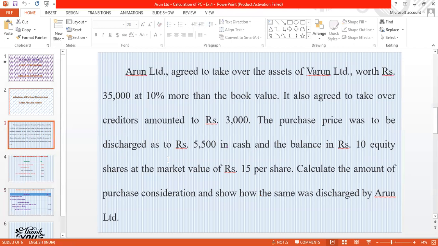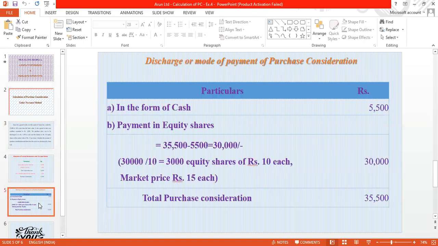Because in the question they have mentioned the balance in rupees 10 equity shares at the market value of 15 per share. The market value of the share is 15, but they are giving rupees 10 for each share.